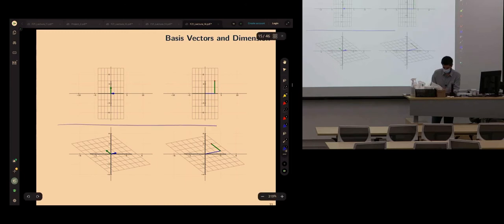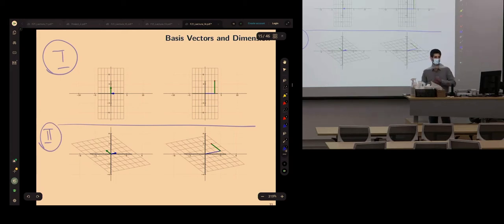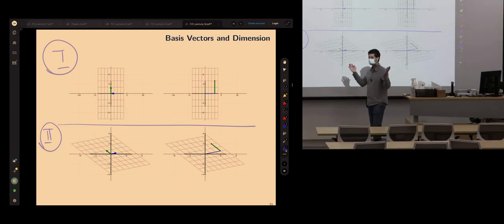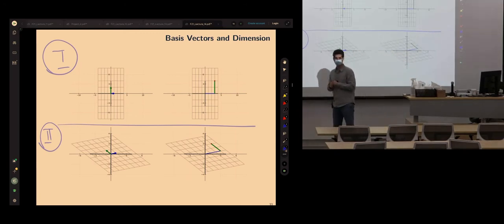Let's separate. This is example 1. This is example 2. In example 1, the one on top, in the left image, I'm showing you my arbitrary choice of basis.